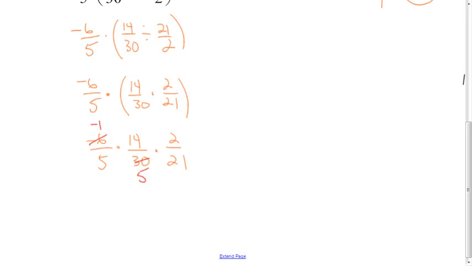For 14 and 21, I see it's a GCF of 7, so I get 2 here and 3 here. And I don't know if I have any more GCFs here. 5 with 2, no. 5 with 1, 5 with 2, no. 2 with 3, no. So I'll just multiply straight across and get -4 in the numerator and then 75 in the denominator.